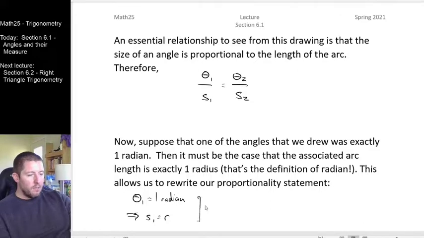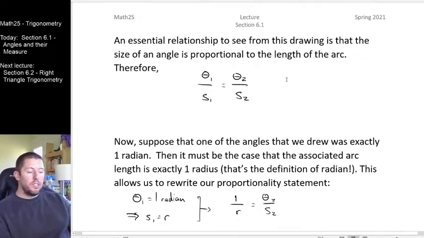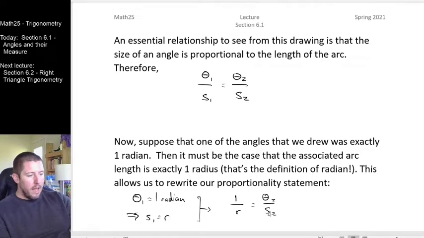So this allows me then to rewrite my above proportion statement as theta 1 is 1, S1 is R, and here we're getting theta 2 over S2. All I want to do now is just do a little bit of algebra. I just want to multiply my S up to this side.